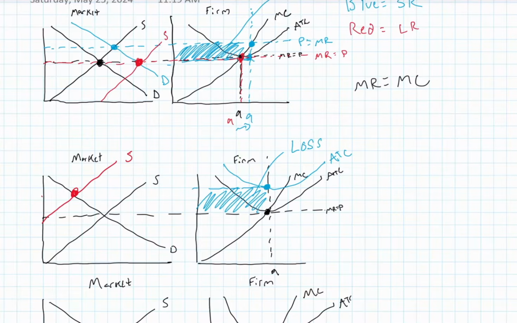I know it's hard to see because I didn't draw these graphs very well. So we draw our new price line. Marginal revenue is equal to price. It intersects roughly right here.